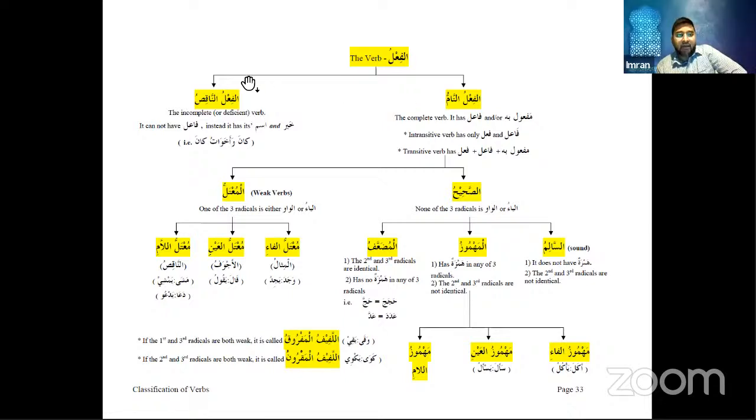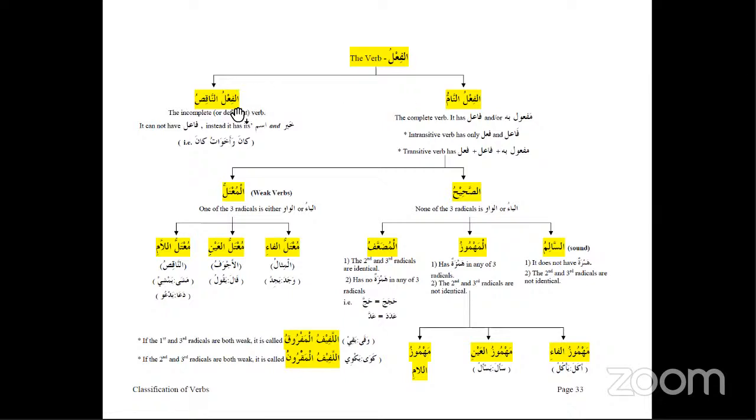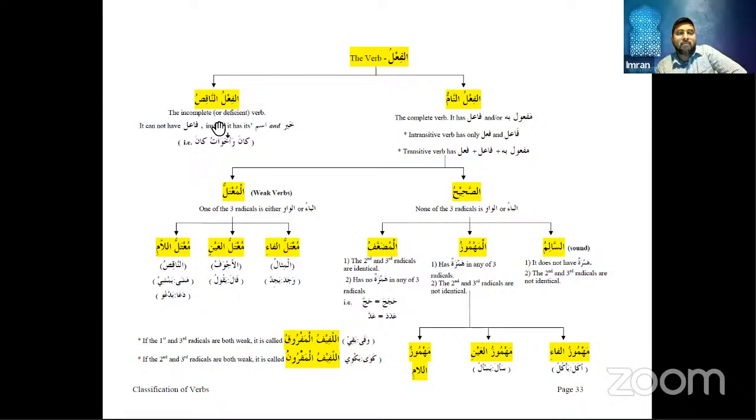Now, then we have fi'l naqis. Fi'l naqis is called the incomplete verb. So remember, fi'l naqis are all of kana, kana and its sisters. Kana, as you know, means it was. So kana normally enters a nominal sentence.